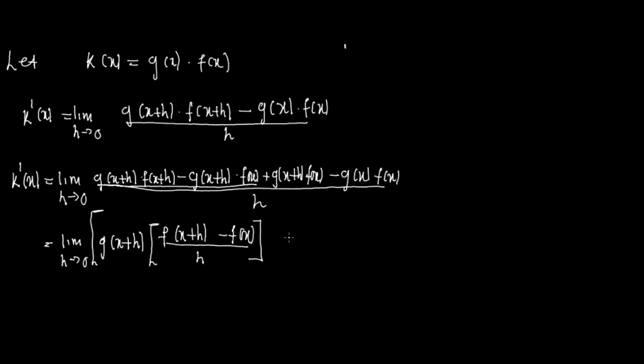Then now, between these two terms which are here, between this one and this one, the common factor appears to be f of x. So I'm going to take the common factor f of x.